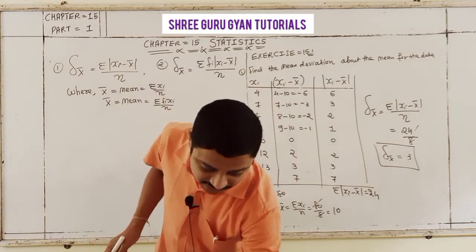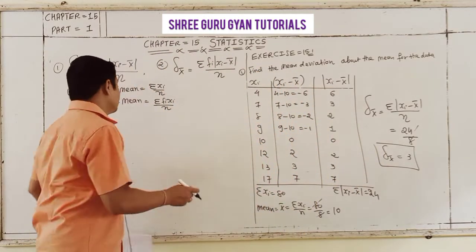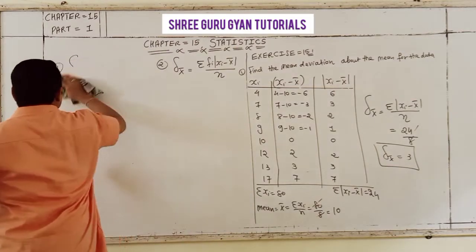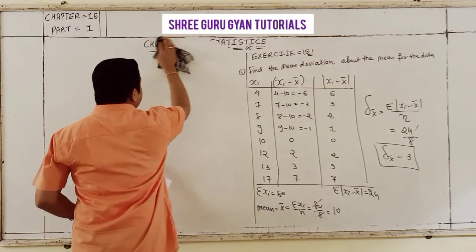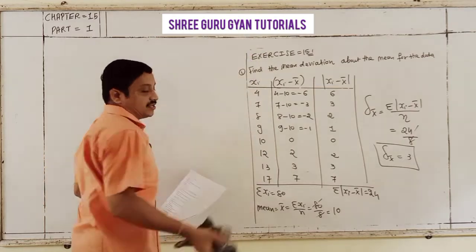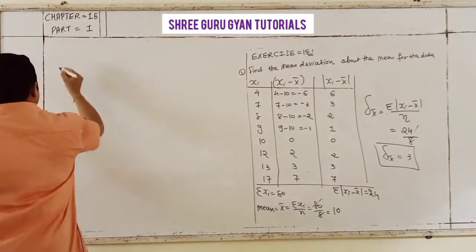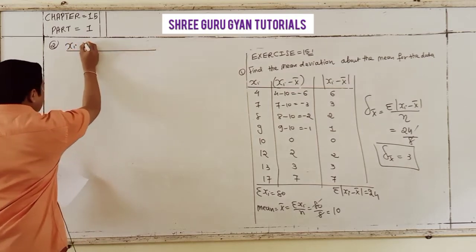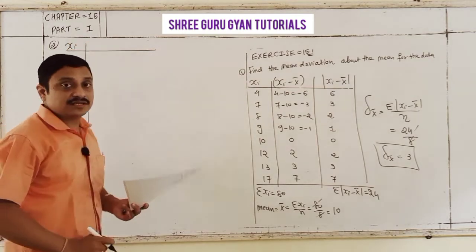Now similarly, students, I will go ahead to the second one. In the second question, the same is asked, find the mean deviation about the mean. The heading is the same, that's why I start directly with xi and make the total summation.